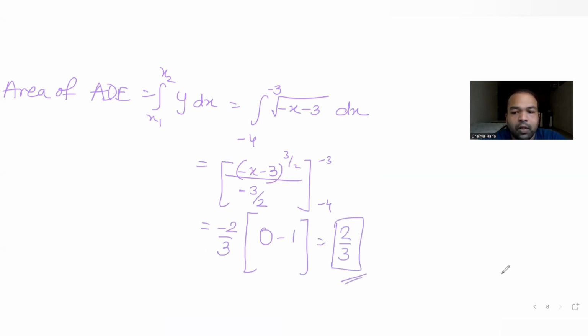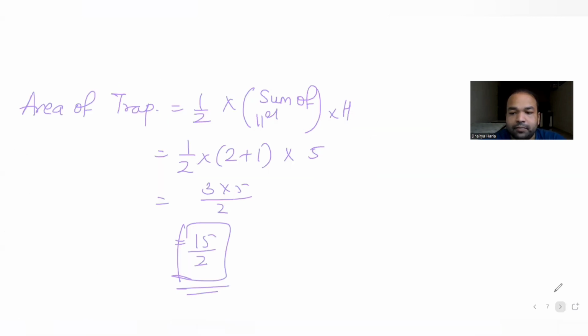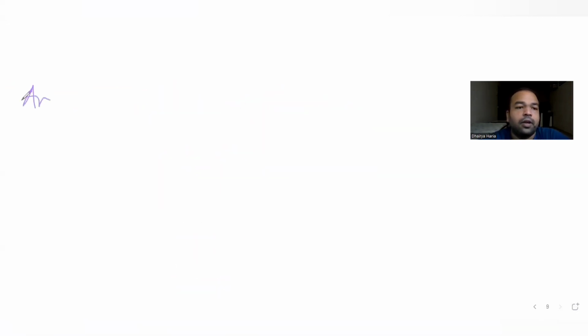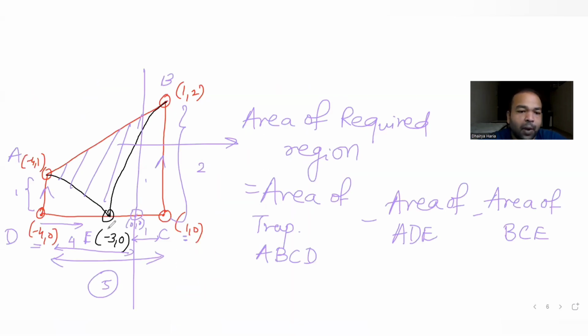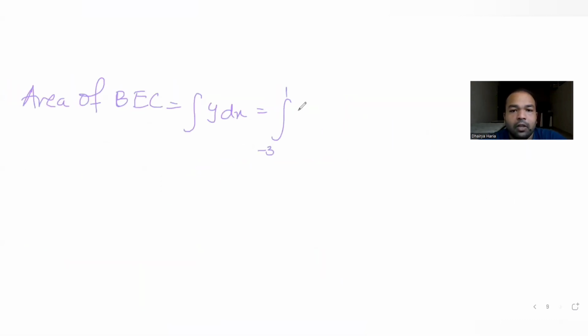Now the next region, if you want to find out here, it's nothing but area under the curve BEC. So if you find that area of BEC, again the limits will go from x1 to x2 of y dx. If you see the limits here, it now goes from -3 to 1, and the root of x plus 3 you are finding out.